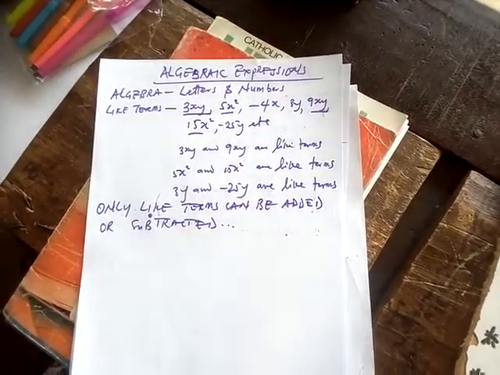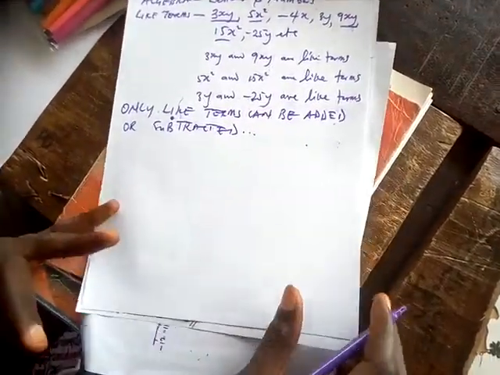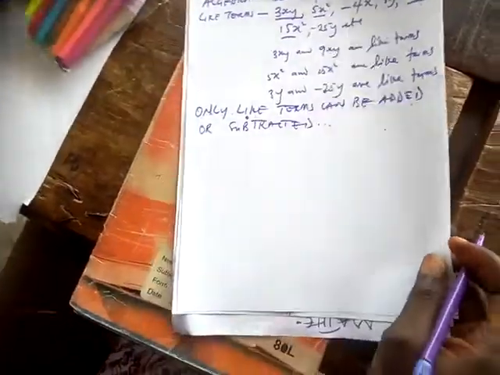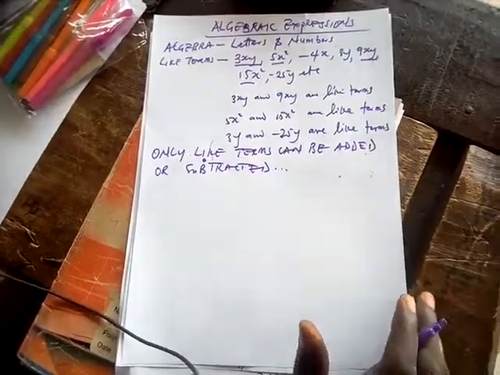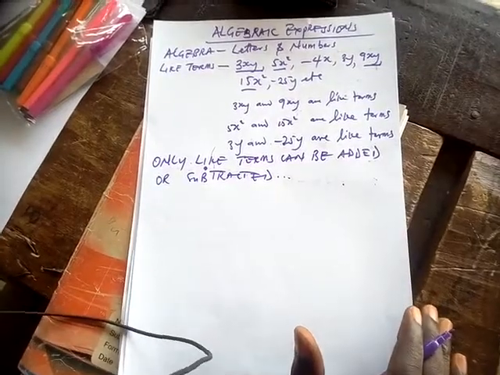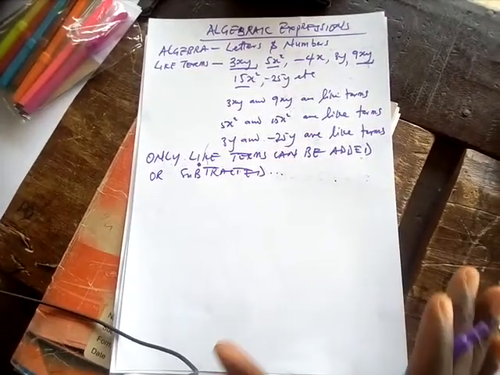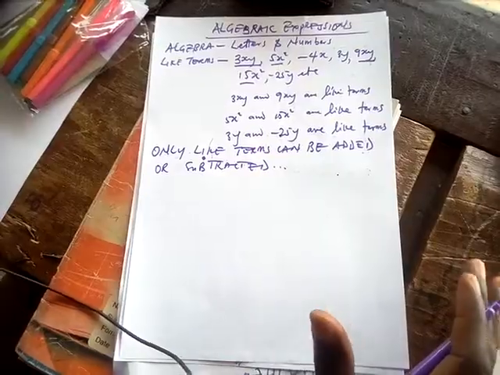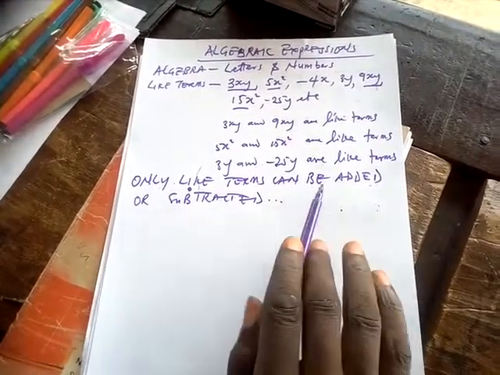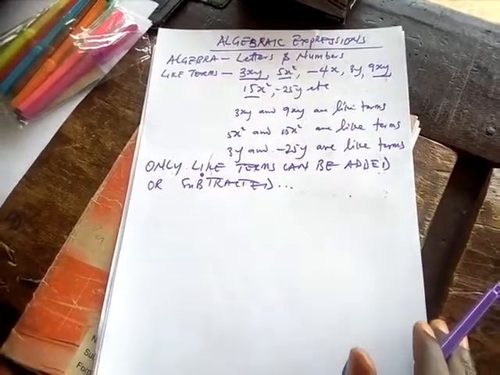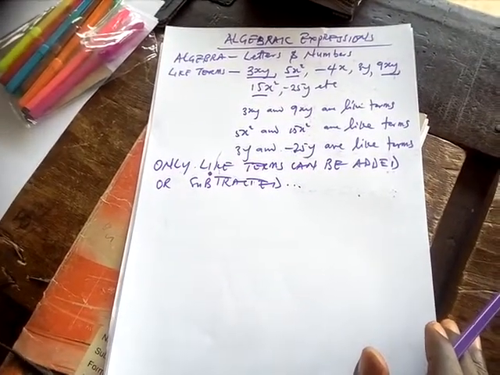Okay, so that is the main thing we'll be dealing with in algebra. That is what algebra is about. Algebra is about mathematics of letters and numbers, how they combine, and then addition and subtraction of those terms.